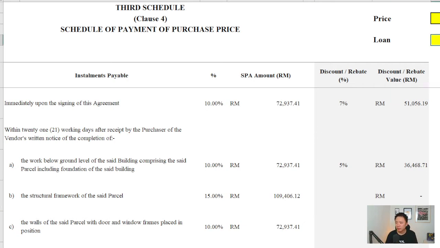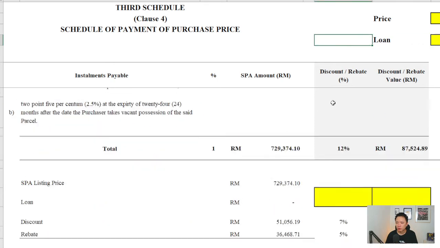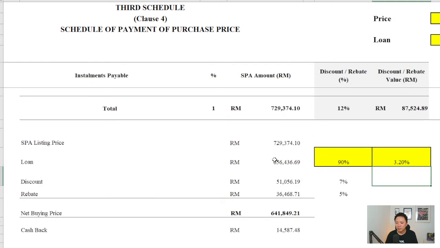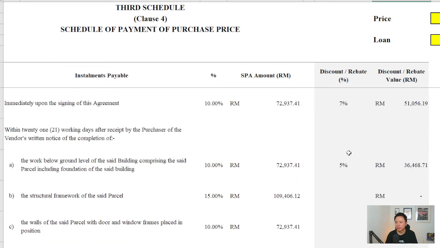Now if you are getting a loan, let's say the maximum loan that we can get is 90%. Say for example the current rate is 3.2% per annum. So you are getting a 90% loan, so your loan is 656. Now how does it work?